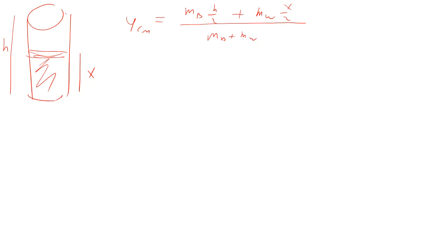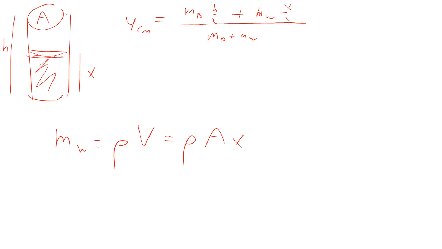Now, what is the mass of the water? The mass of the water is going to be the density of the water times the volume of the water. What's the volume of the water? It's going to be the area times the height of the water column, so rho A x.